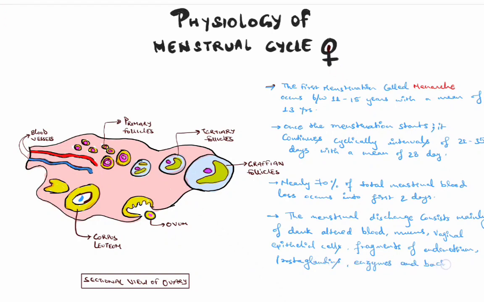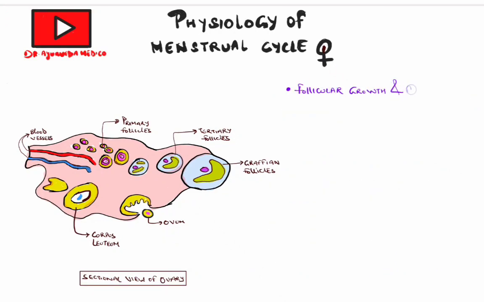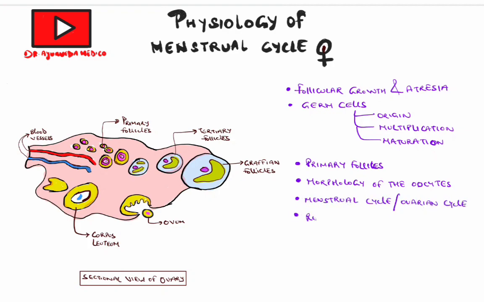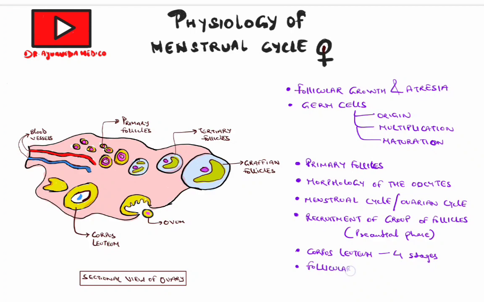Now, as shown in the diagrams, this is a sectional view of the ovary. In this video, we will be talking about follicular growth and atresia, germ cells, their origin, multiplication, maturation, primordial follicles, morphology of the oocytes, the menstrual cycle, or ovarian cycle, recruitment of a group of follicles, that is the preantral phase where it is not yet converted into antrum, then corpus luteum and its 4 stages, follicular atresia and the endometrial cycle.